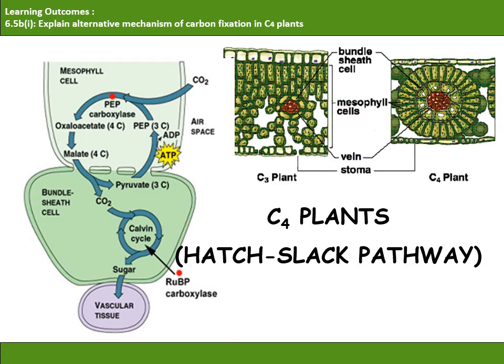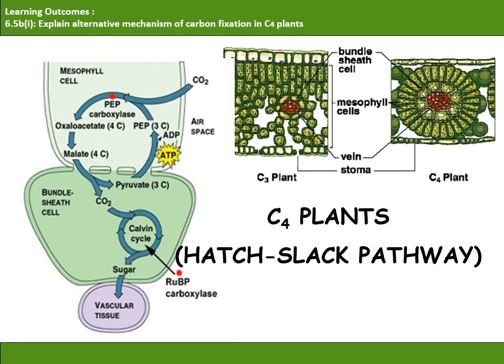Certain plant species have evolved alternate modes of carbon fixation to minimize photorespiration. In C3 photosynthesis, RuBP is carboxylated to form a 3-carbon compound via the activity of RuBP carboxylase oxygenase.